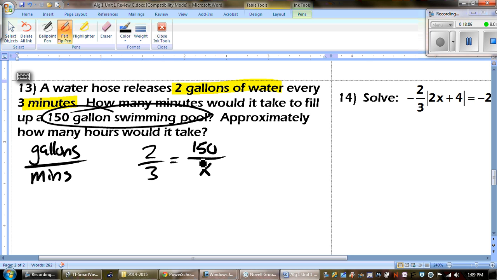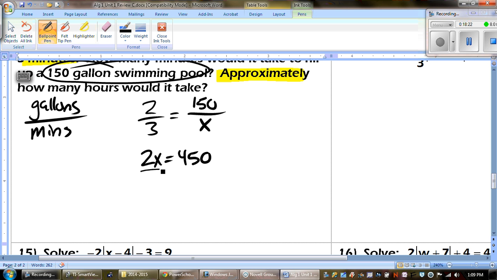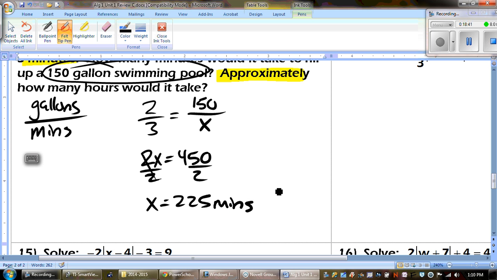Okay. So we have to cross multiply, and we get that 2x equals 450. Now, when we get our answer here, they're saying approximately how many hours, so they're going to want us to round this. When we divide both sides by 2, we get x equals 225 minutes.